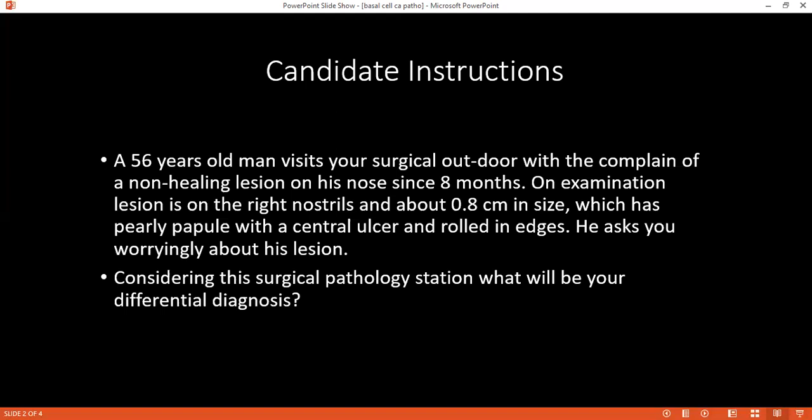You've done the biopsy and it comes out to be basal cell carcinoma. What next? How would you manage this patient? Here we will see the depth of invasion of the tumor, and then we can go for either surgical or non-surgical methods.